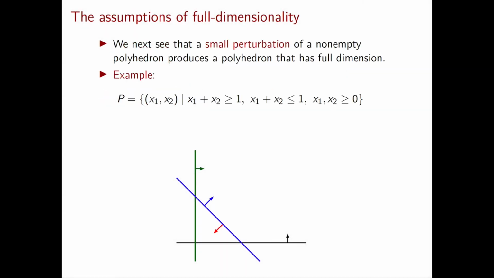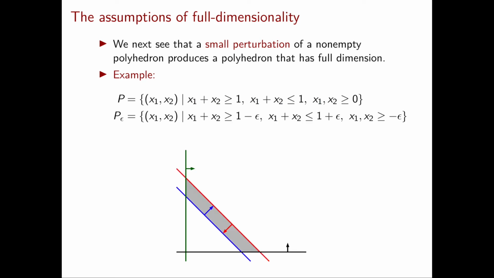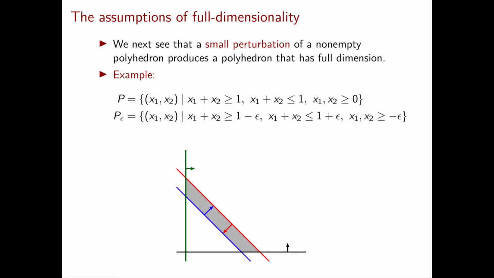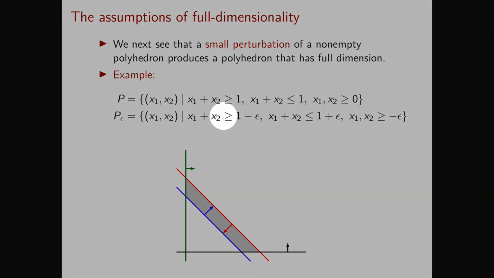The idea that allows us to reduce ourselves to the full dimensional case is to consider a small perturbation of our polyhedron. Essentially, we relax every inequality defining our polyhedron by some small epsilon. In our example, the inequality x1 plus x2 greater than or equal to 1 is replaced by x1 plus x2 greater than or equal to 1 minus epsilon.